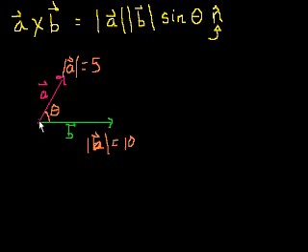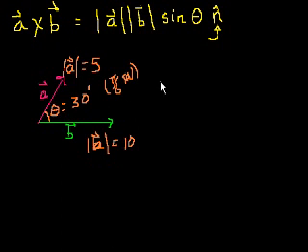Let's say this angle is equal to 30 degrees. Or if we wanted to write it in radians, because we grow up in a world of degrees, I always find it easier to visualize degrees, but we could think about it in terms of radians as well. 30 degrees is pi over 6. So we could also write pi over 6 radians. But anyway, this is a 30-degree angle.